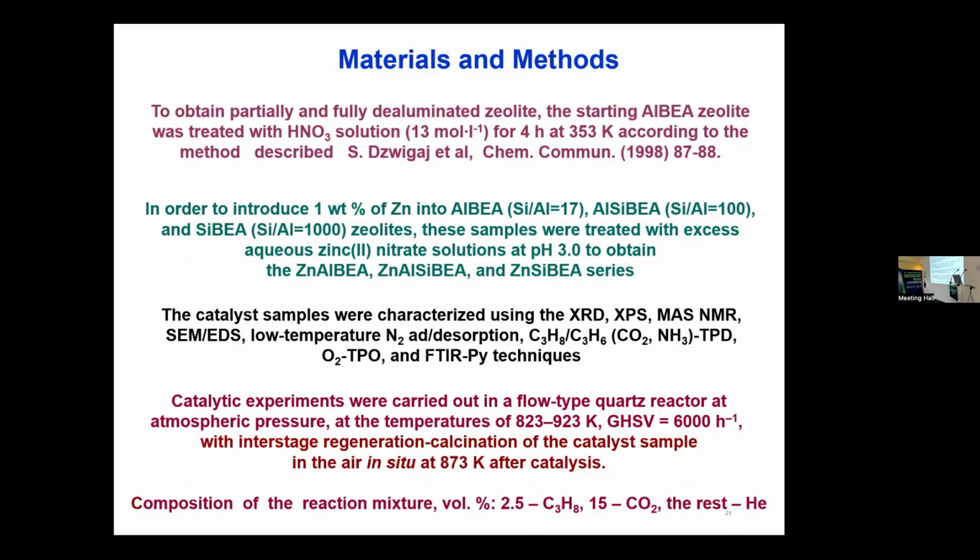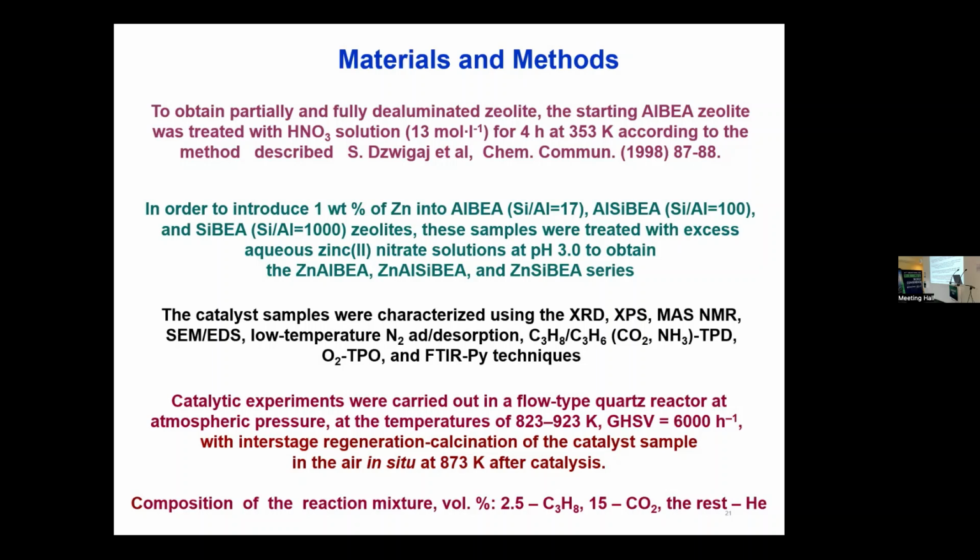We prepared 3 kinds of catalysts. This means catalysts with 1% of zinc on Al-beta zeolite, Si-beta, and another Si-beta zeolite, introducing zinc on this support.